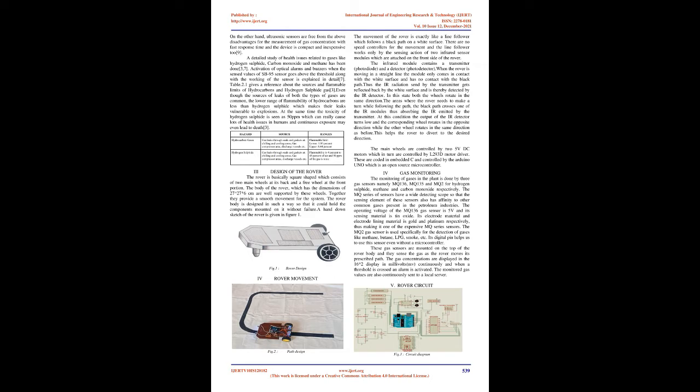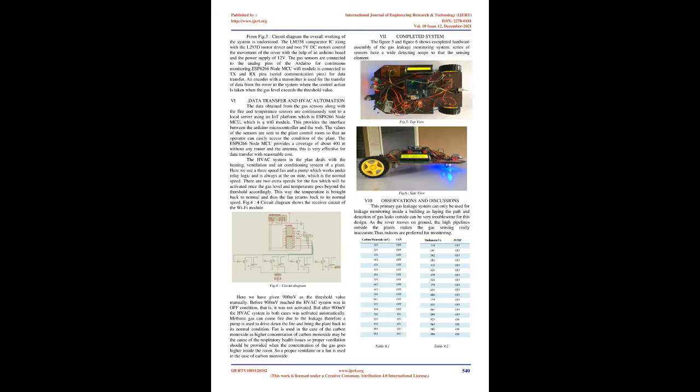For gas monitoring. The monitoring of gases in the plant is done by three gas sensors, namely MQ136, MQ135, and MQ2, for hydrogen sulfide, methane and carbon monoxide respectively. The MQ series of sensors have a wide detecting scope, so the sensing element of these sensors also has affinity to other common gases present in the petroleum industries.